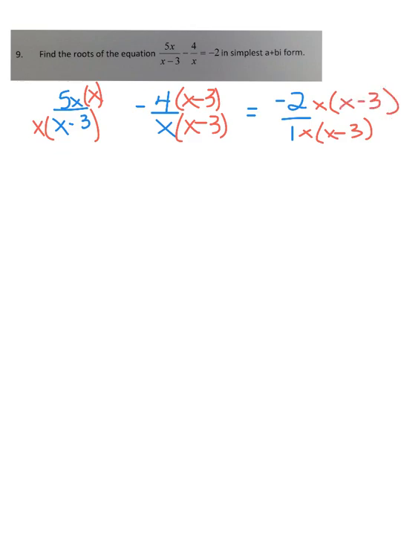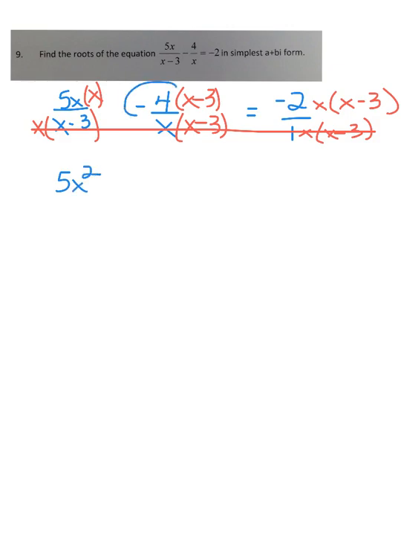So once you've gotten your common denominator and you've resituated those numerators, and it is an equation, because we have an equal sign, we can cross off the denominators, right? And now we're going to write 5x squared. Okay, now be careful here.